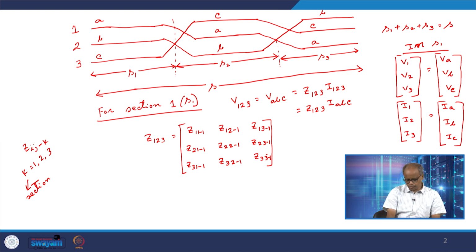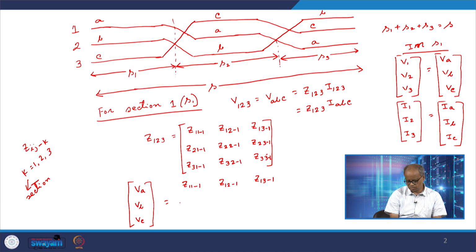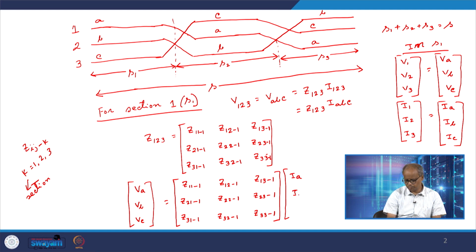So then therefore, corresponding to section 1, I can write down the relation: VA, VB, VC is equal to Z111, Z121, Z131, times IA, IB, IC, right.